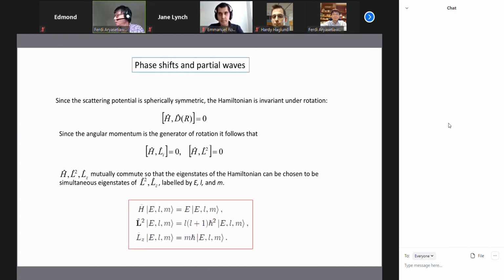Now, when we have a spherically symmetric potential as the scattering potential, we can take advantage of the symmetry, and we can analyze the scattering problems in terms of what are called partial waves and phase shifts. It's not clear what is meant by phase shifts for the moment.